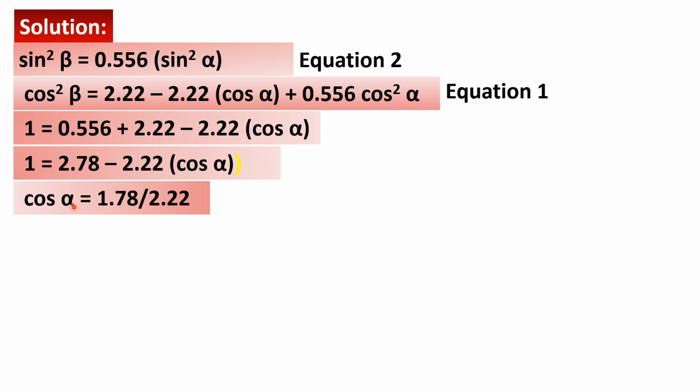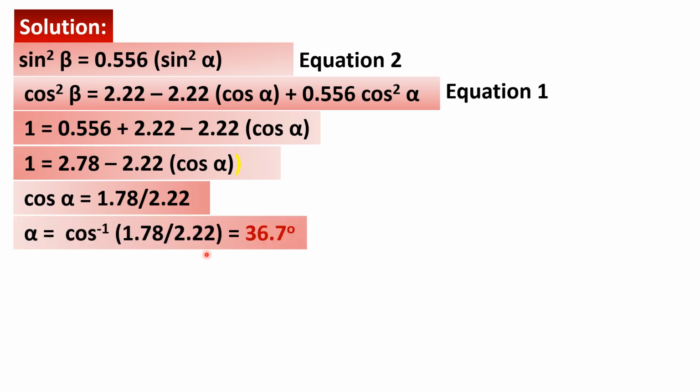Okay, and dividing the whole thing by 2.22, we now arrive at this equation, which gives us the working equation in determining the angle alpha using arc cosine. I'm sure you're familiar with that, okay?